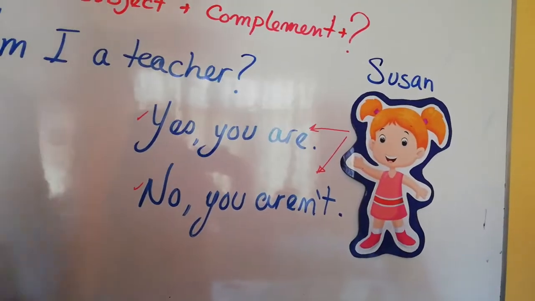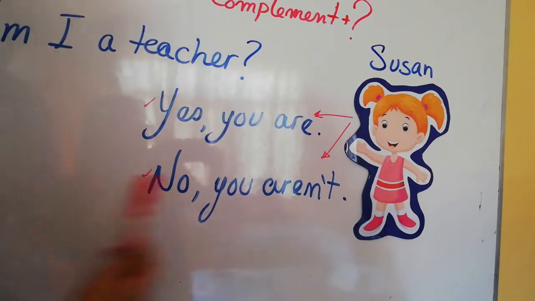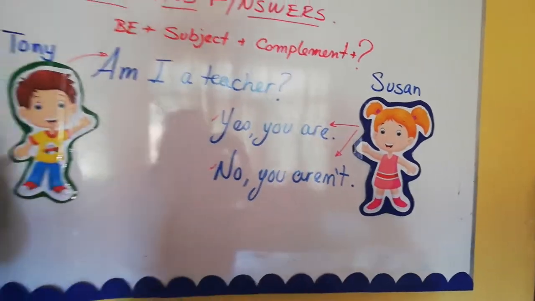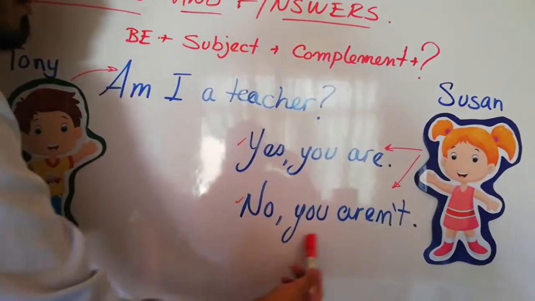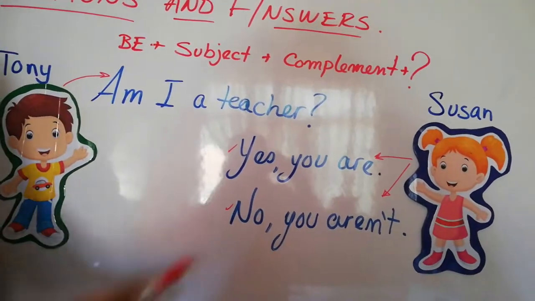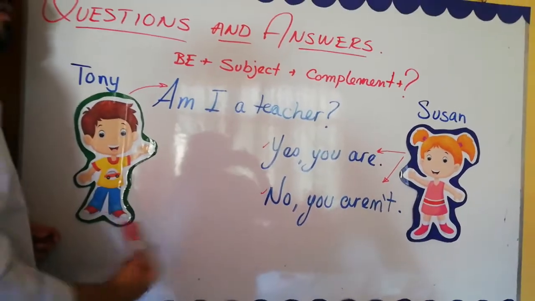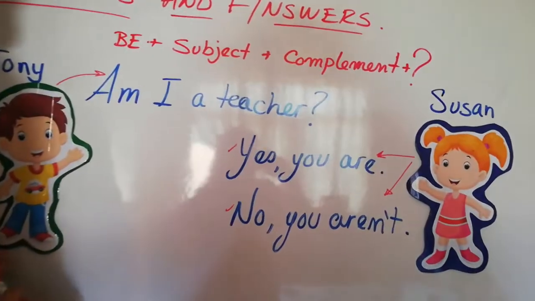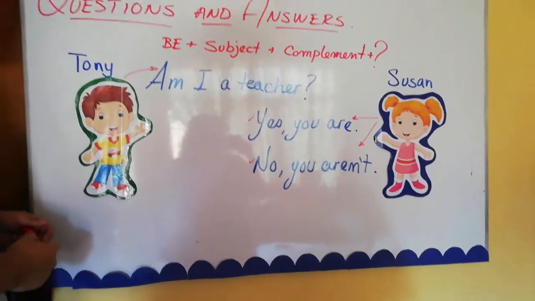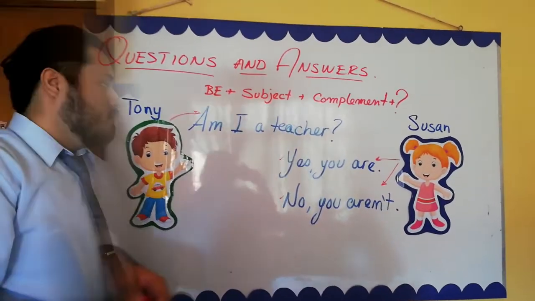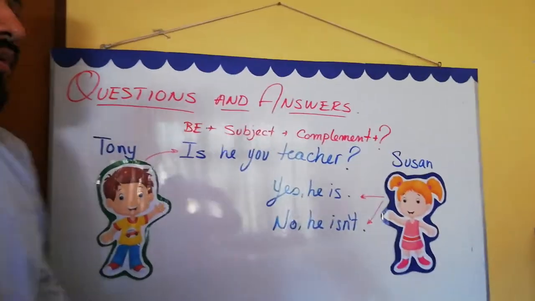Now in negative. No, you aren't. Remember, if you are using I, you are gonna answer with you. Am I a teacher? Yes, you are. No, you aren't. Positive, negative. Let's continue.